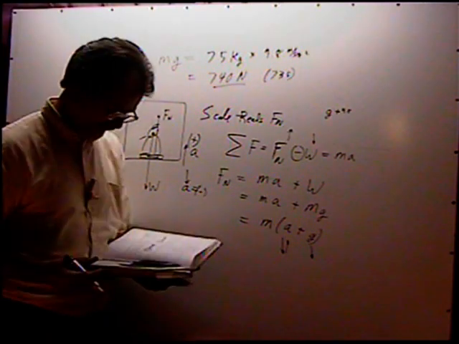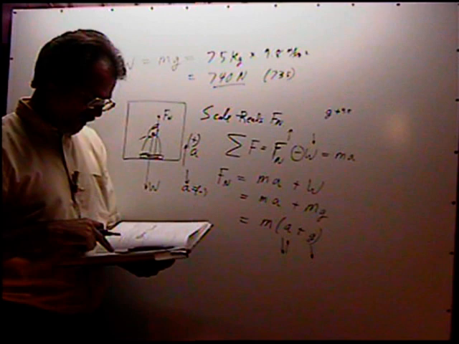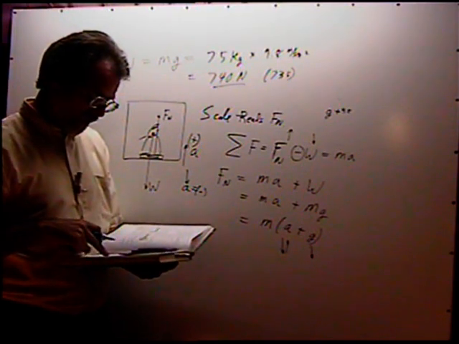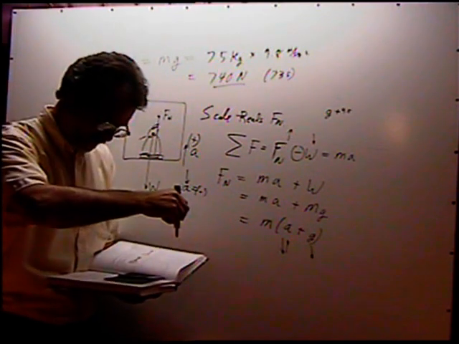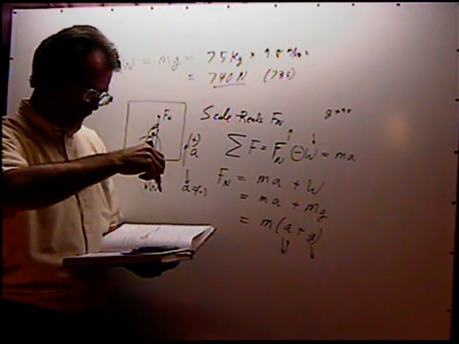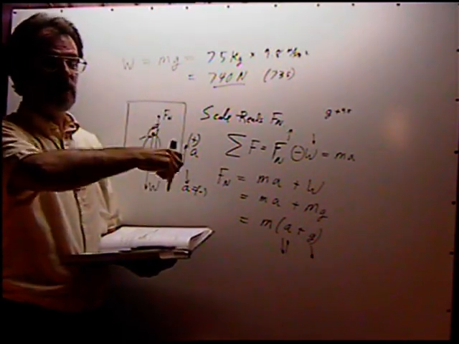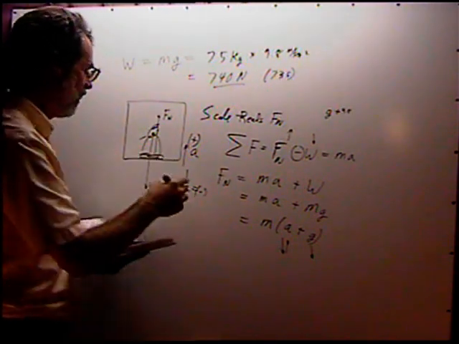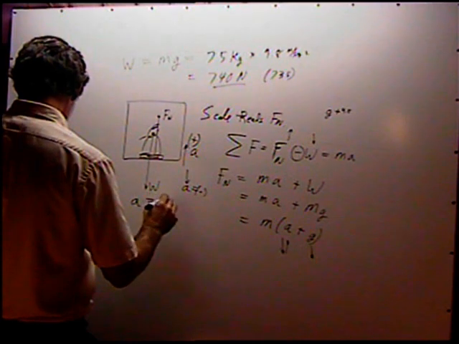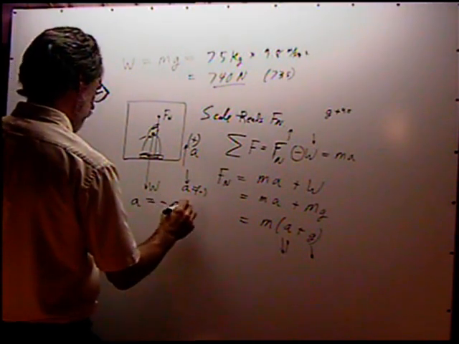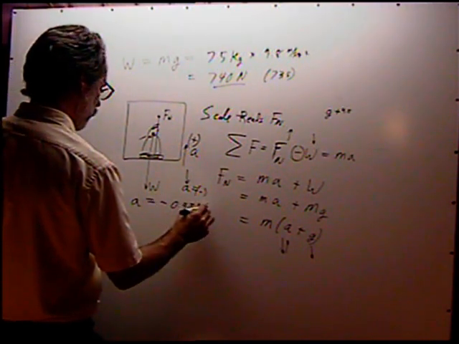Okay. So in part C, what weight does the scale read when the elevator is traveling down and speeding up? If the elevator is going down but is speeding up, that means it's actually accelerating down, and so the acceleration is minus 0.95 meters per second squared.